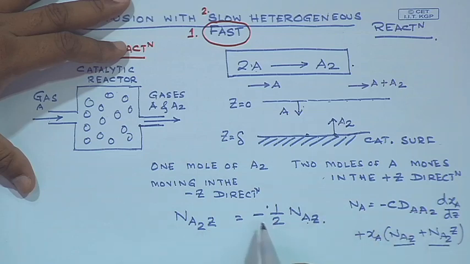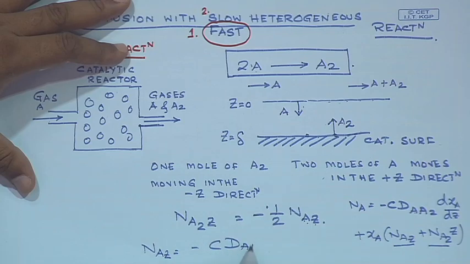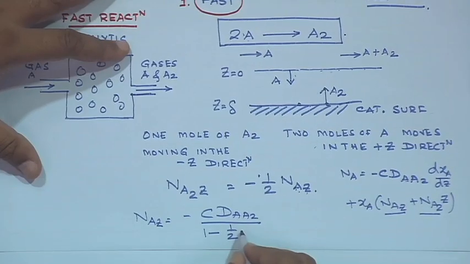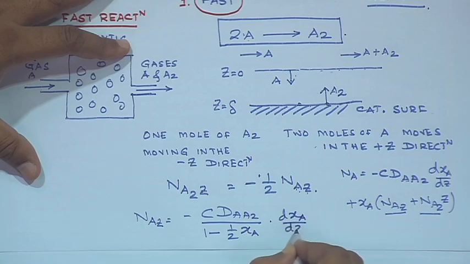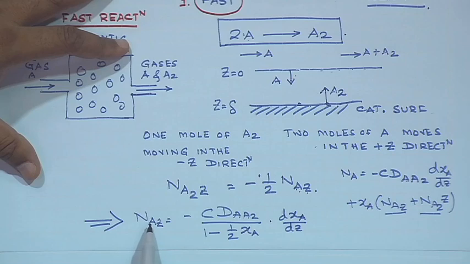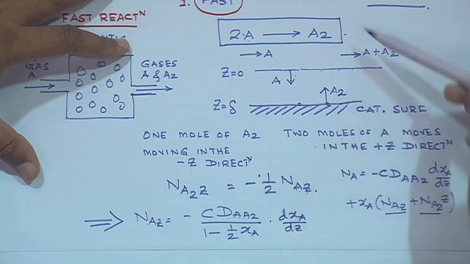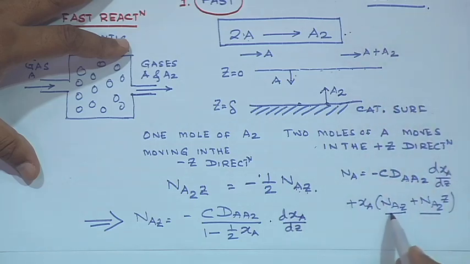So, substituting the expression of N_A2Z into this, what we get is N_AZ equals minus C D_AA2 by (1 minus half of x_A) multiplied by dx_A/dz. So, this is now the correct form of the flux of A in the Z direction, and the stoichiometry of the reaction gives me the relation between N_A and N_A2.